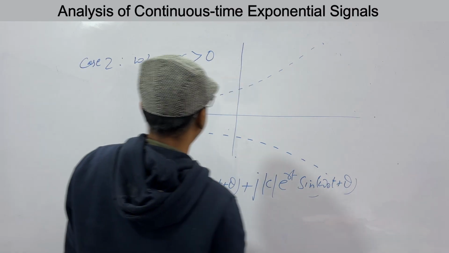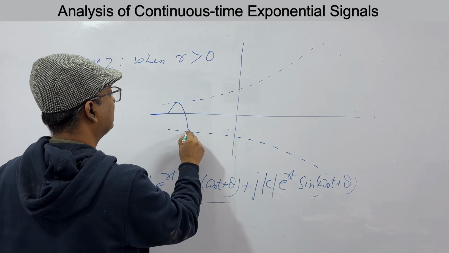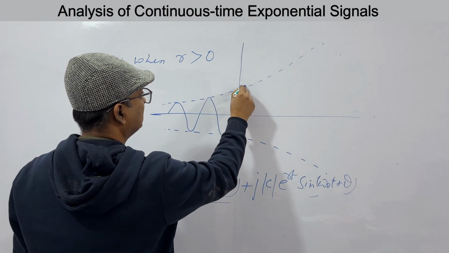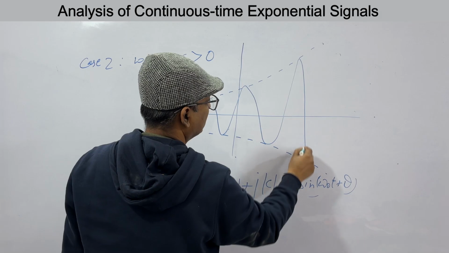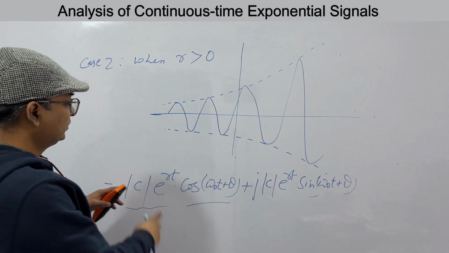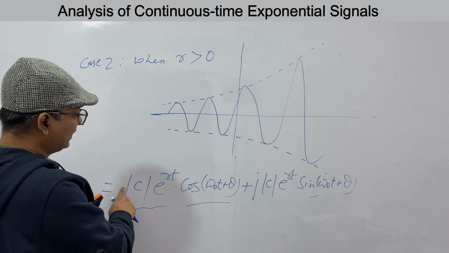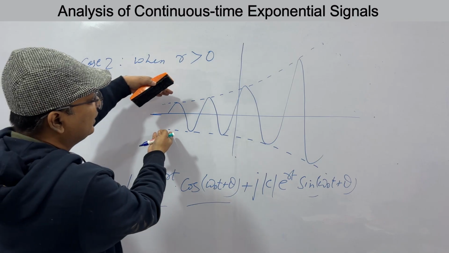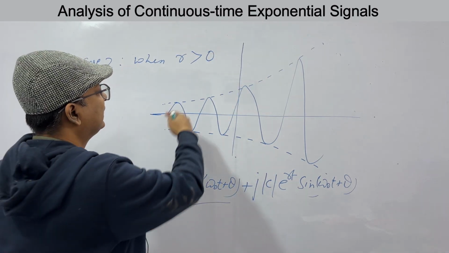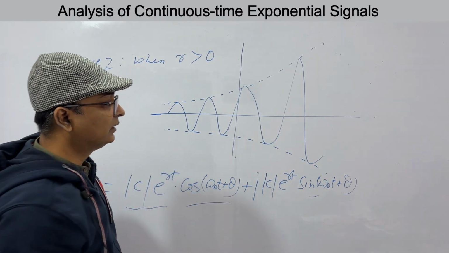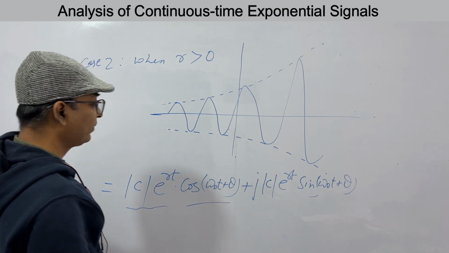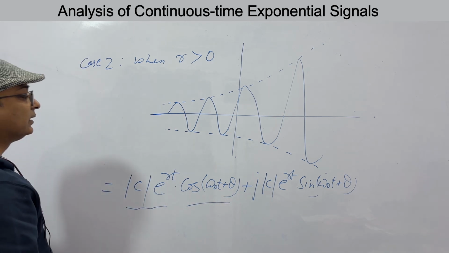This is a sinusoidal wave whose amplitude is rising exponentially. Okay, so c e to the power rt and minus c e to the power rt act as an envelope inside which this sinusoidal wave passes. Okay, so this is when r is greater than 0.